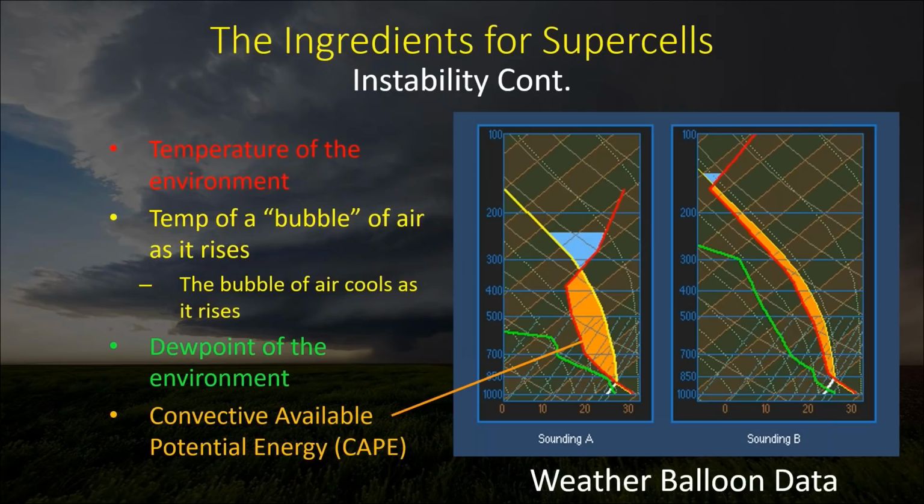So it's going to rise, and it's going to want to rise quickly. That's a lot of instability. So basically, the wider the gap between the yellow line and the red line, the more instability we have available to create thunderstorms.